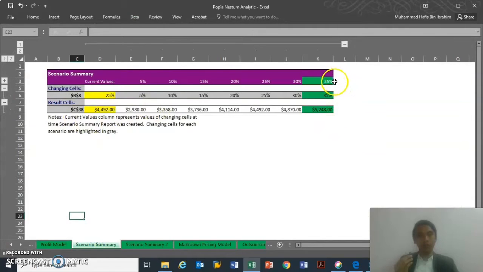I have to change my discount rate from 25% to 35% because if you can see here, my profit at 35% is at the top, which is 5,248 ringgit. So I choose to change my discount rate to 35%.